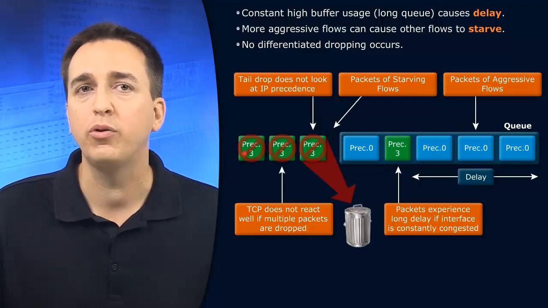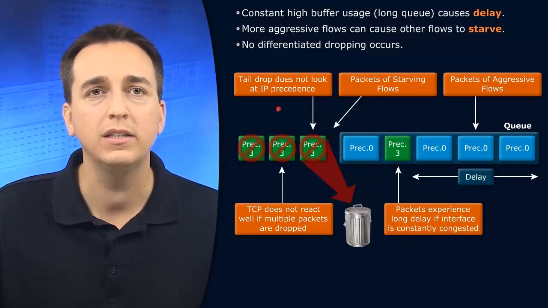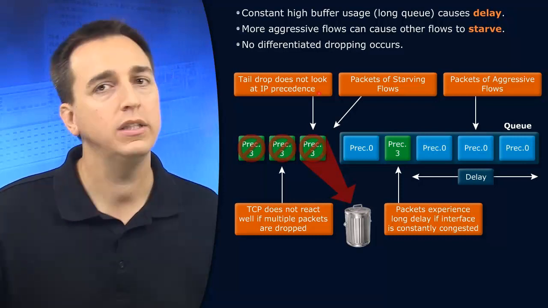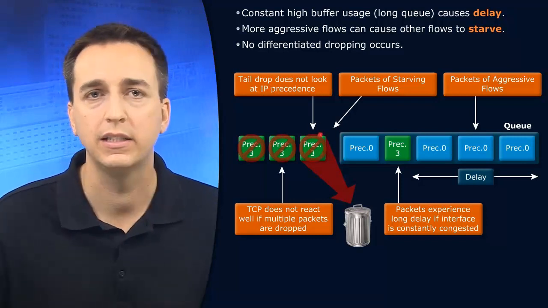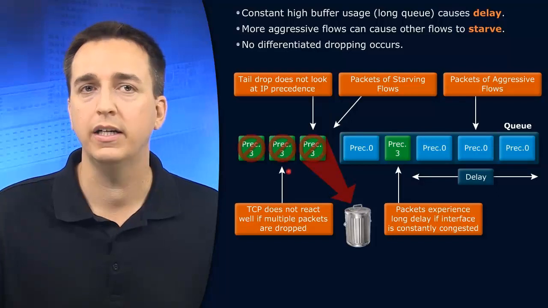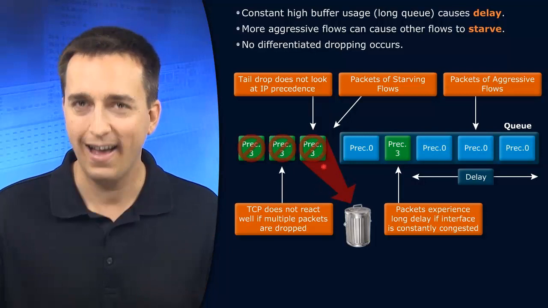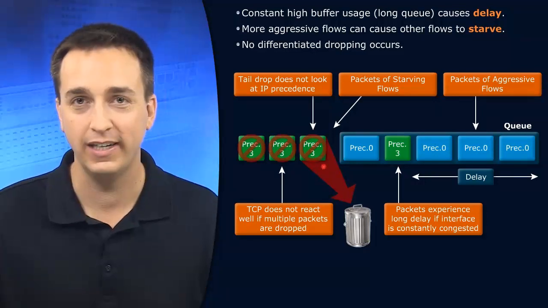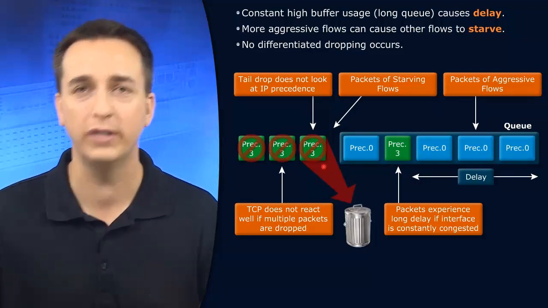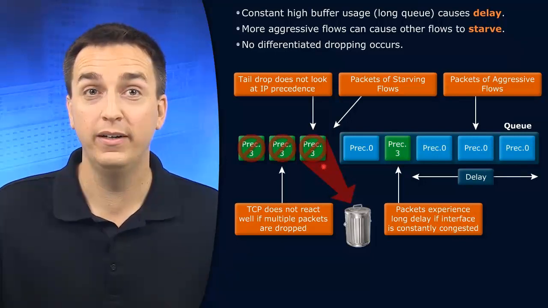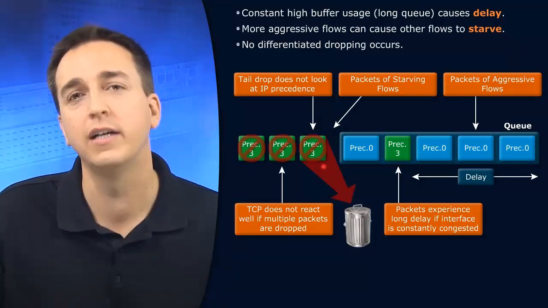But is it getting priority? No, it's not, because tail drop does not look at IP precedence. So since tail drop's not looking at IP precedence, our packets are getting dropped. Which is going to cause what to happen? Well, our global synchronization, our TCP restarts and resets and all that fun stuff. Then we have that global synchronization.